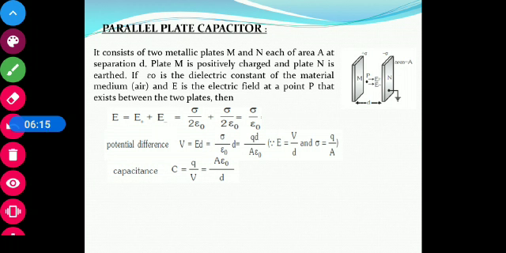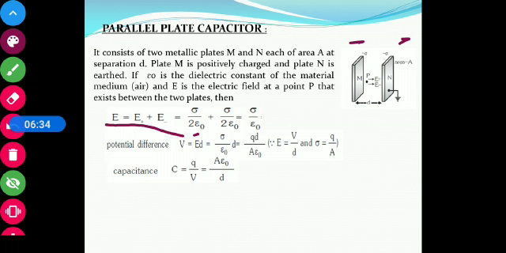E is equal to E positive plus E negative, that is E due to the positive plate plus E due to the negative plate. Now, as we have studied in the earlier chapter, the electric field due to any charged sheet is given by sigma upon 2 epsilon naught.